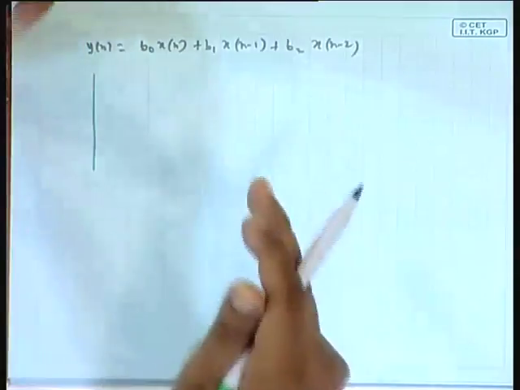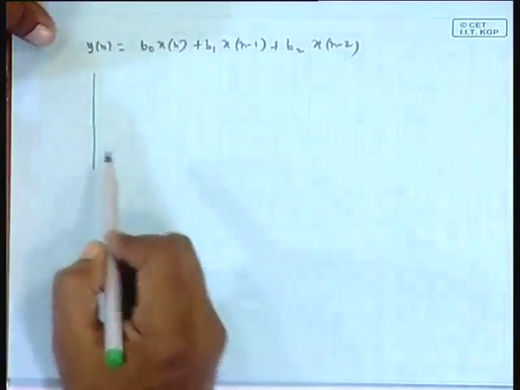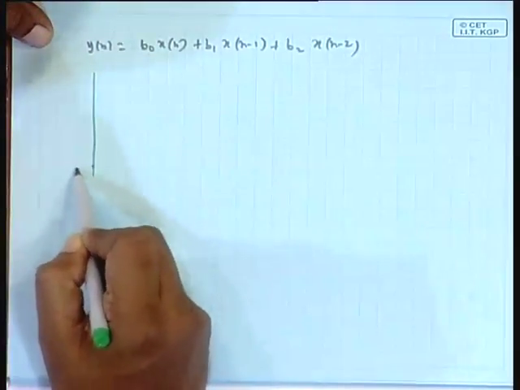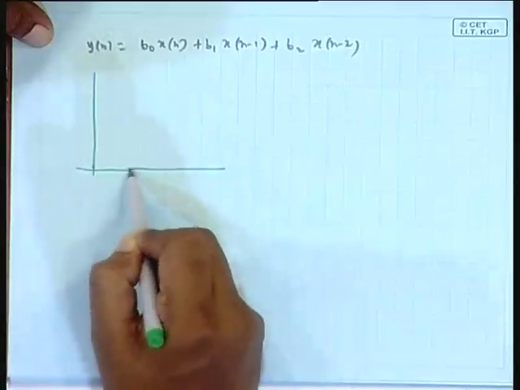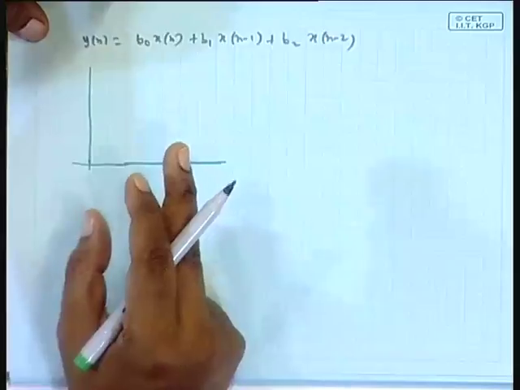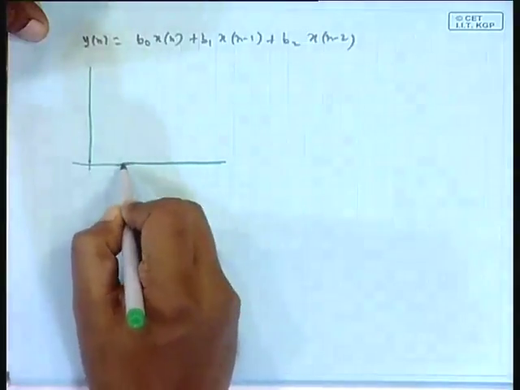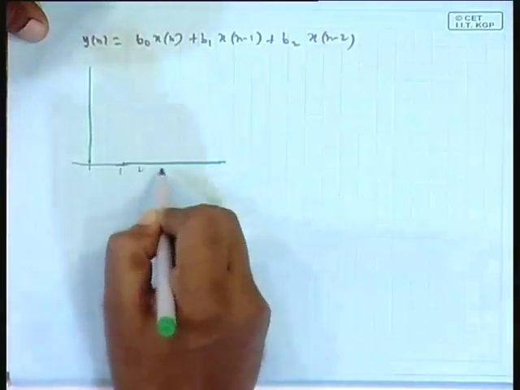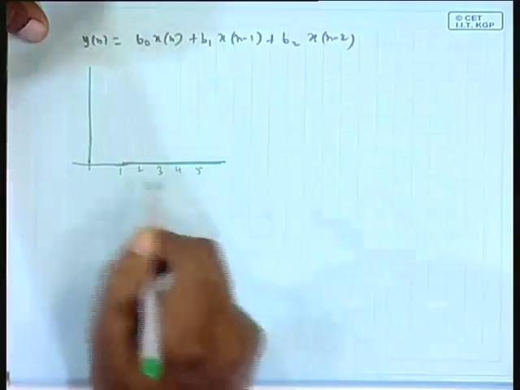I will not also draw the processor here anymore. You know what is that processor. We have taken it up many times. And output is found out from n equal to 1 onwards. So, till n equal to 0, it was at rest. These are the n axis, 1, 2, 3, 4 like that.